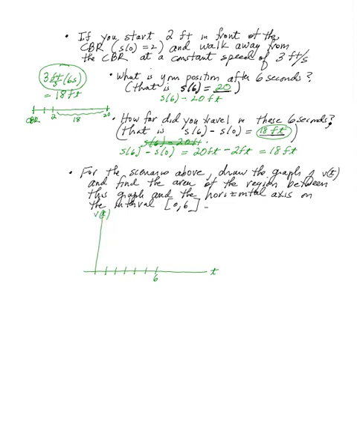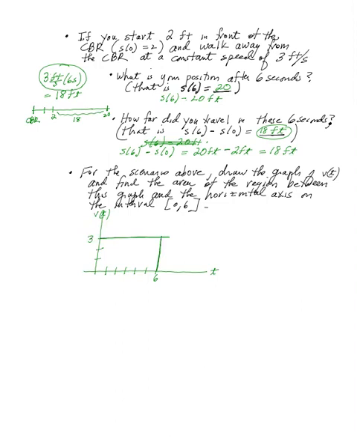We know the speed is 3, but speed is the absolute value of velocity. Think about it. Is the velocity positive 3 or negative 3? And how do I know? It's positive 3 because I'm walking away from the CBR. Position is increasing. So here's the graph of the velocity function. It's just f of t is 3, and my f is v.